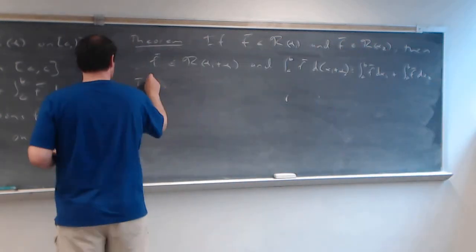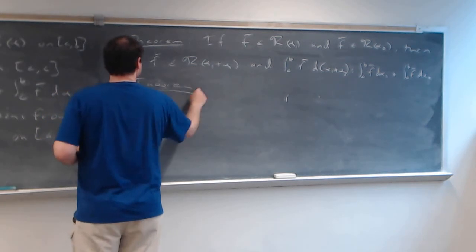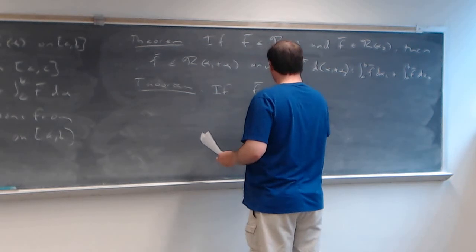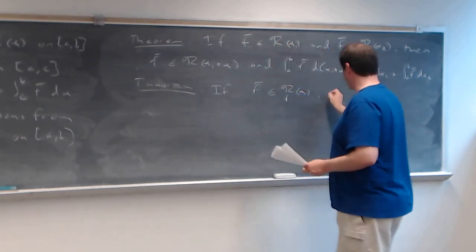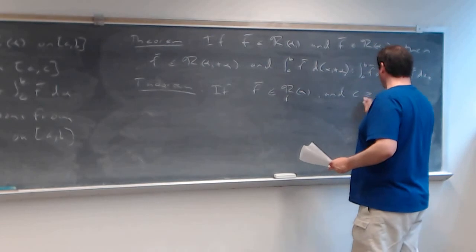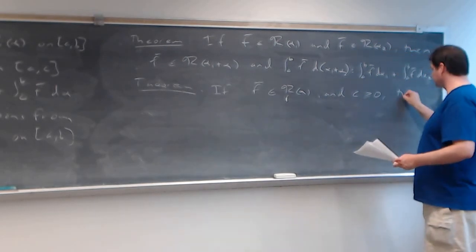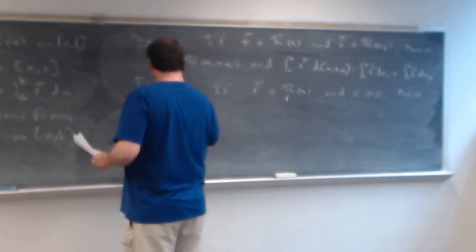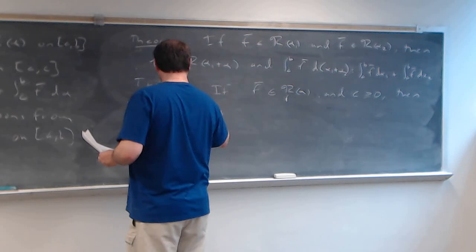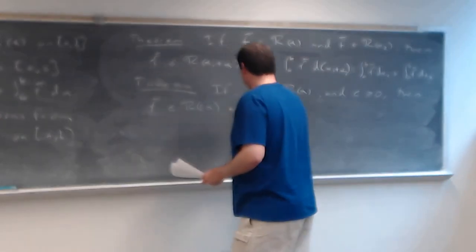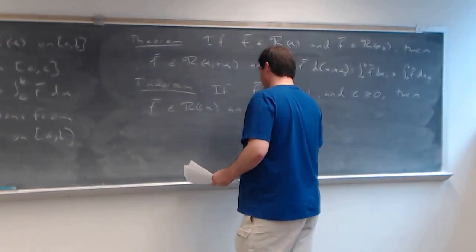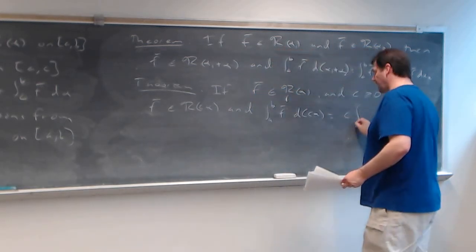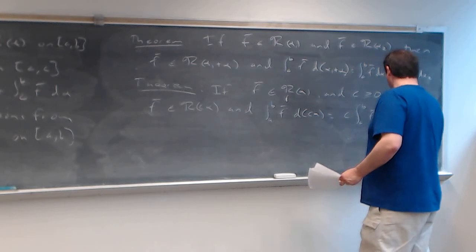Of course, we're thinking f bar is a vector valued function. Theorem: if f bar is an element of the Riemann-Stieltjes integrable functions, and C is some real number that's greater than 0, then f bar is an element of the Riemann-Stieltjes integrable functions with respect to C alpha, and the integral from A to B of f bar d(C alpha) is equal to C times the integral from A to B of f bar d alpha.